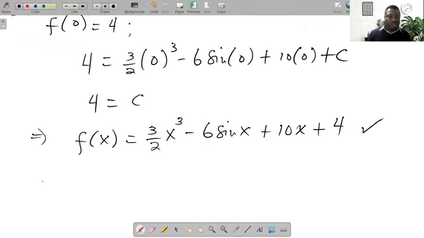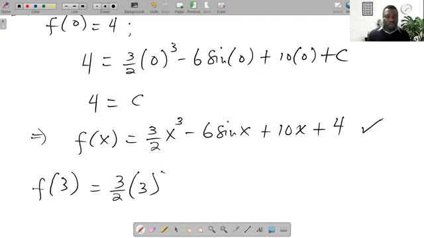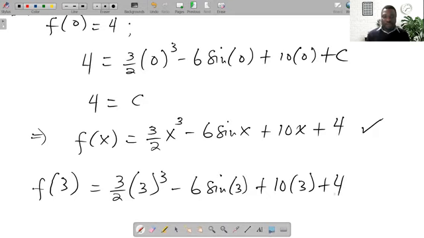And then finally it says we should find f of 3. So basically, if it is f of 3, we just plug in back here. 3 over 2 times 3 cubed, minus 6 sine 3 plus 10 times 3 plus 4.